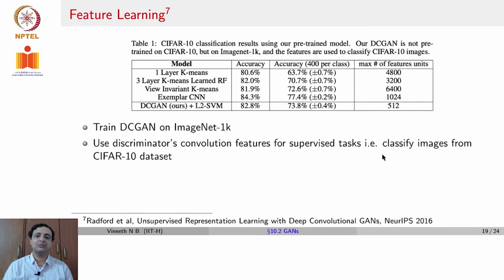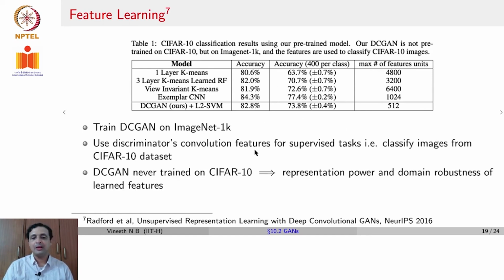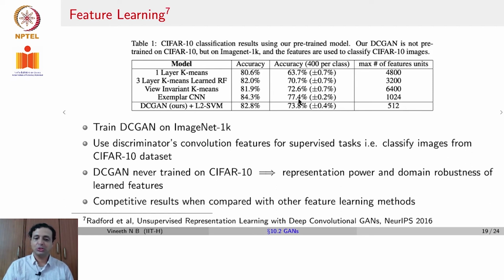CIFAR10 stands for a dataset with 10 different classes, and that's what is done in this particular experiment. And you see that the result that's obtained is fairly competitive to many other contemporary methods at that time in 2016. So this shows the robustness of the features learnt by the discriminator.